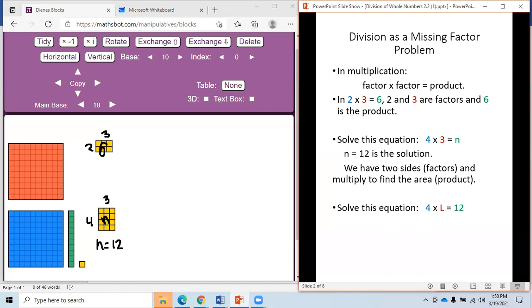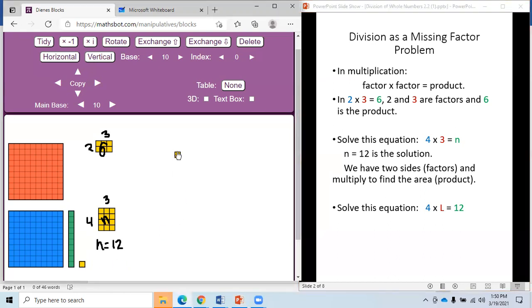Let's solve the equation 4 times L is equal to 12. And again, we're going to create it. We have 12 blocks, because that is our product. And we know that one of our factors is 4.